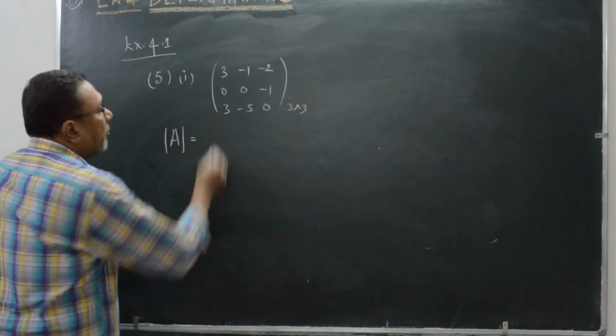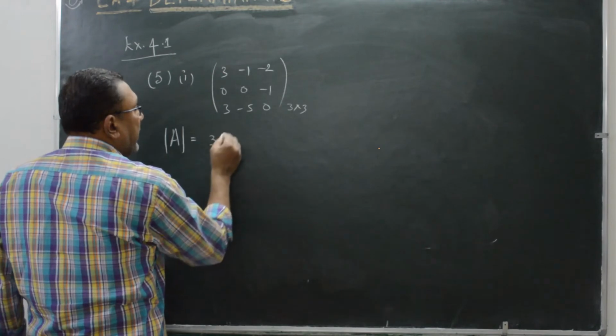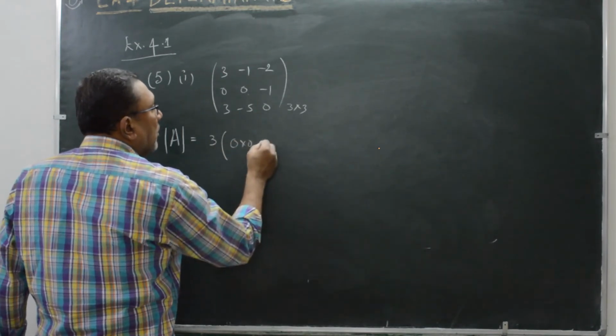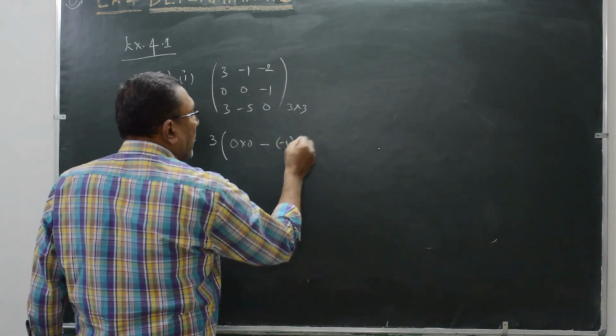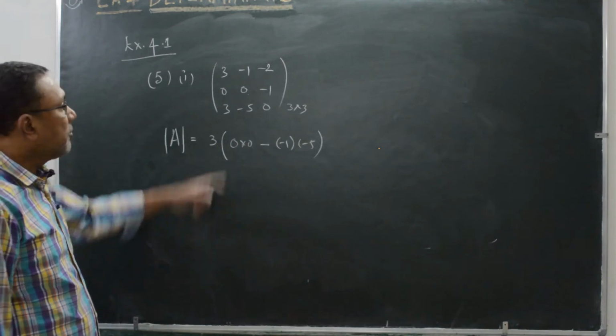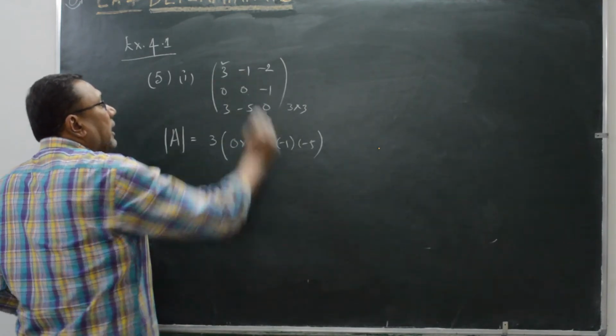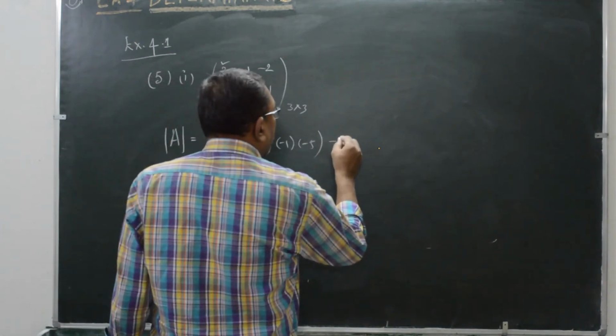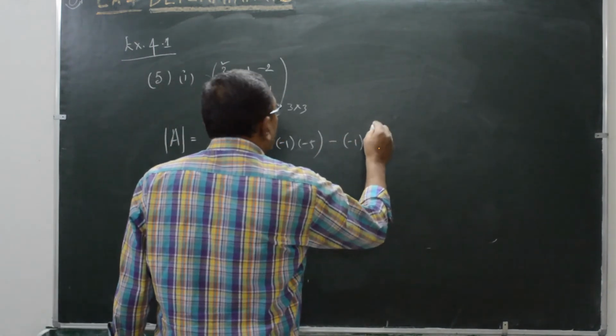So, we will find 3, keep 3 here, 0 into 0 minus 1 into minus 5, right? This is the first element and the number associated. Then I will take the minus of minus 1, right?